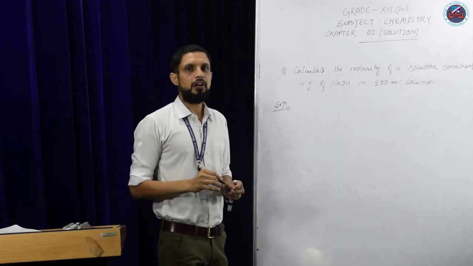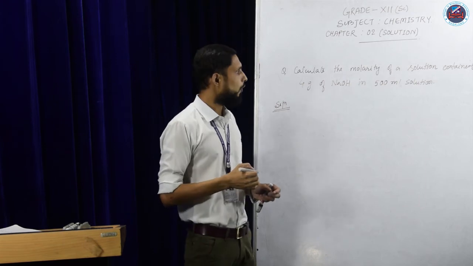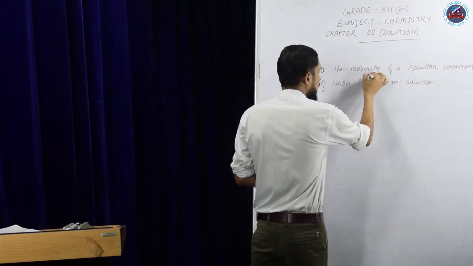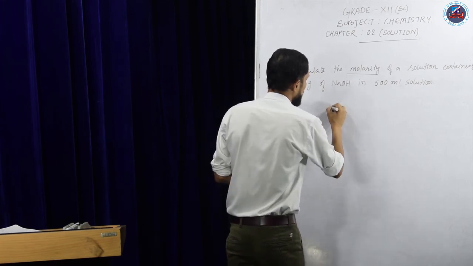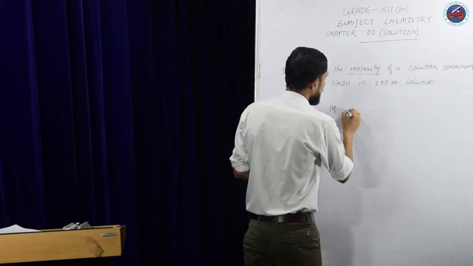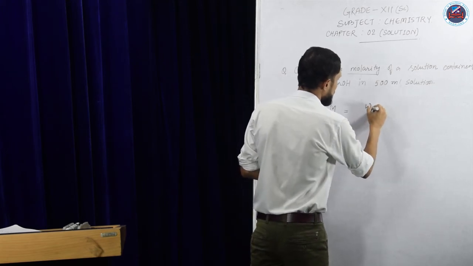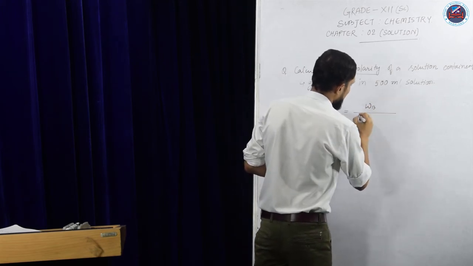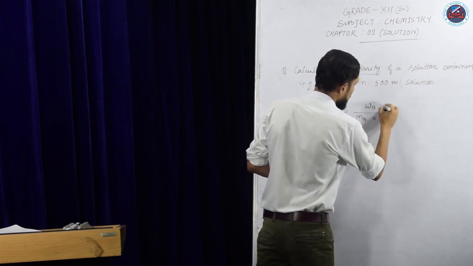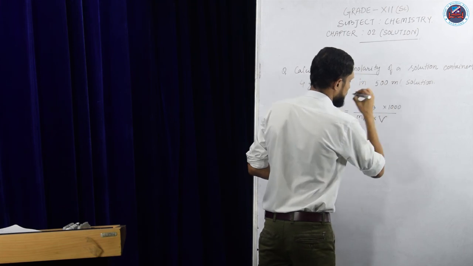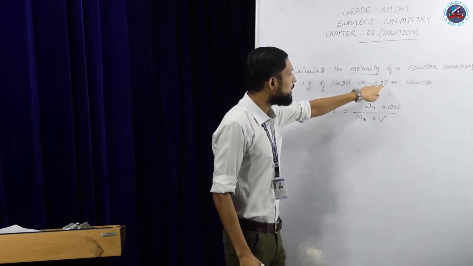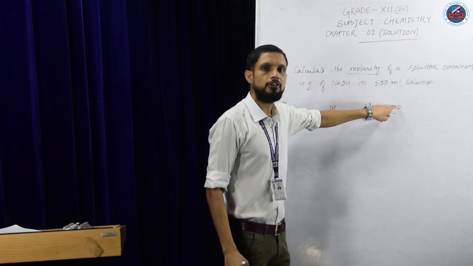So remember this, whenever you are doing a numerical, always write down the formula first. So we have to find molarity, so we'll write down the formula of molarity. That is M, capital M, is equal to WB by MB multiplied by V, and multiplied by 1000. Now, since the volume is given in milliliter, I have multiplied here by 1000.